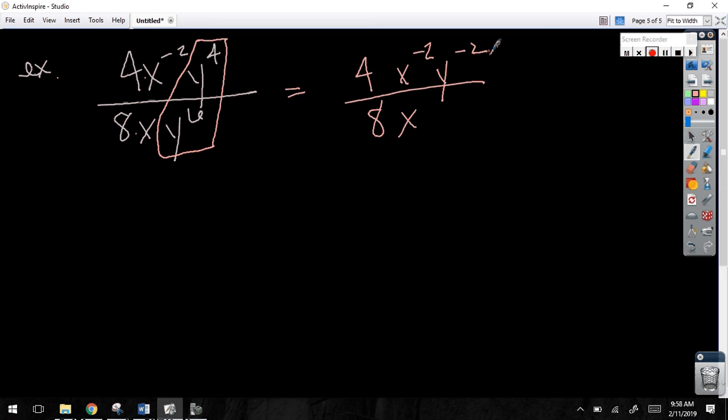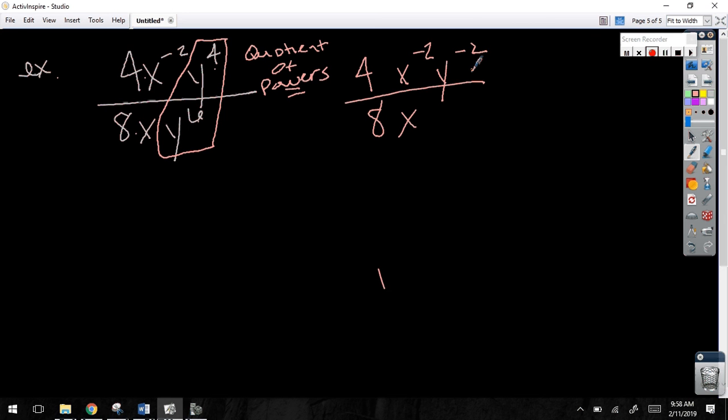The only thing I did, what property is this? Quotient of powers. Right? When I divide with the same base, then I subtract. Okay? What do you see now that you want to do?